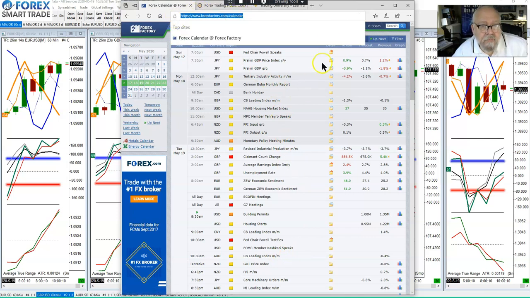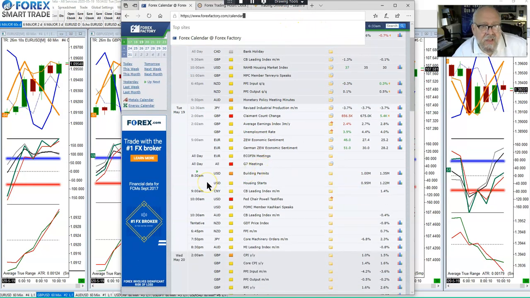So let's take a look at the Forex Factory news, forexfactory.com. And today is Tuesday the 19th. News is broken down into 3 classes: the yellow low impact, the orange medium impact, and the red high impact. So today the pound had some news earlier this morning.